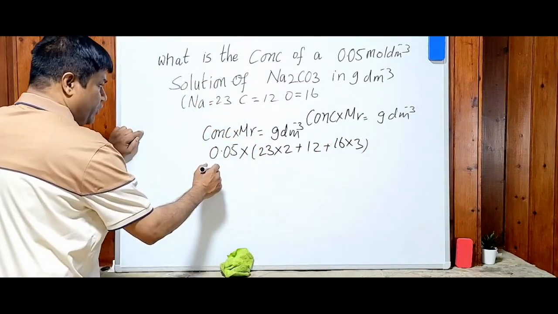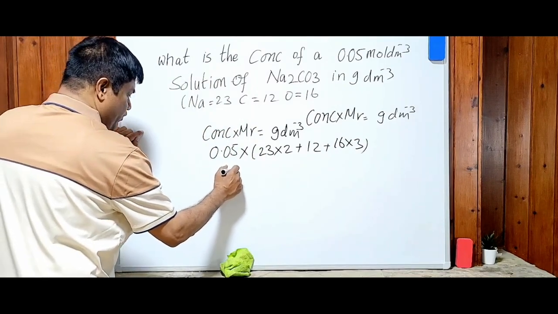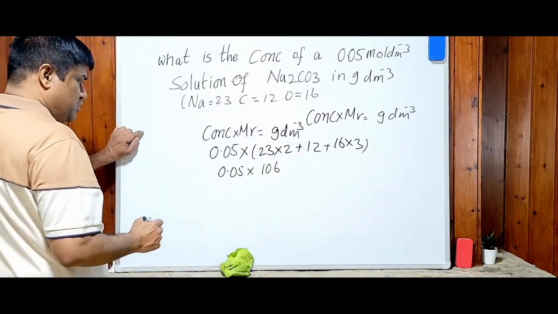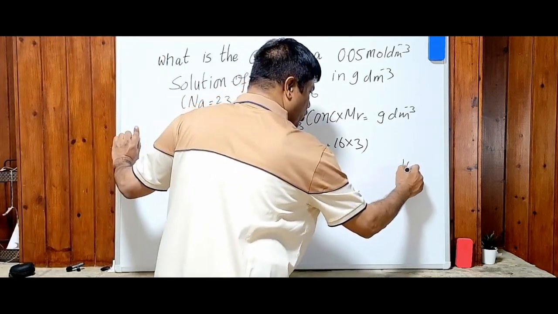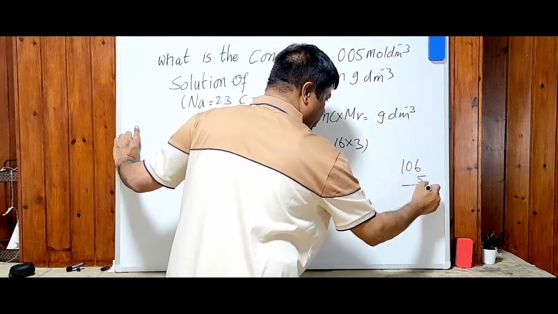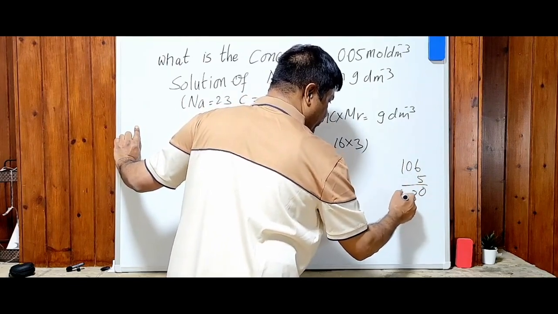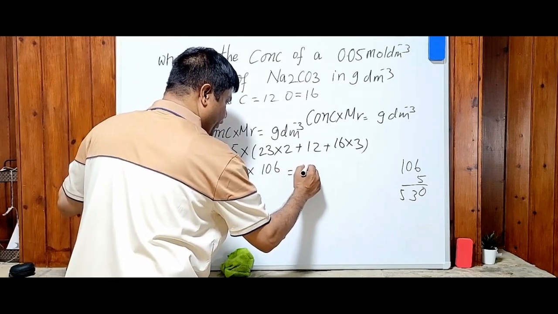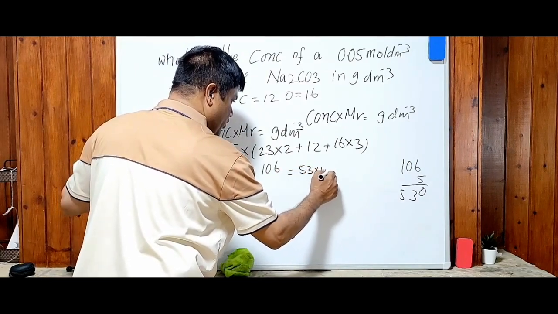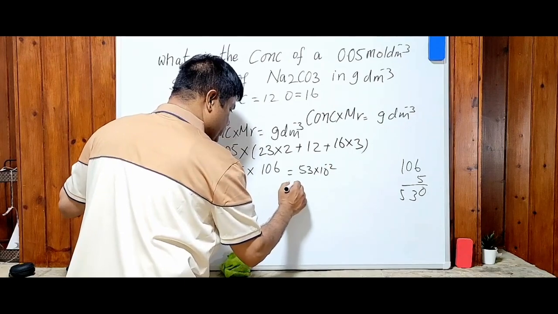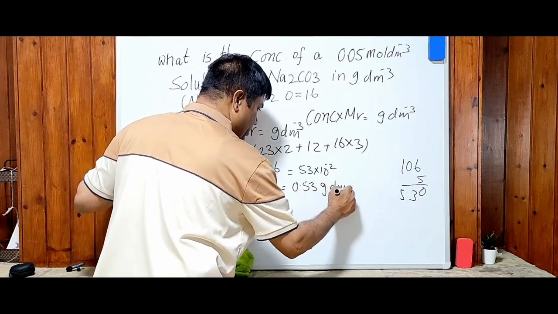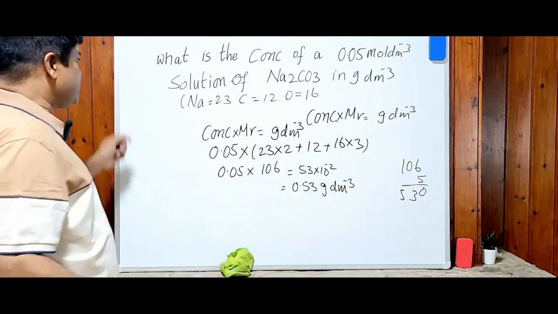I think it's 106, guys. 0.05 times 106. So 106 times 5, 530, which is nothing but 53 into 10 to the power of minus 2, which is equals to 5.3 gram dm minus 3. Easy, guys.